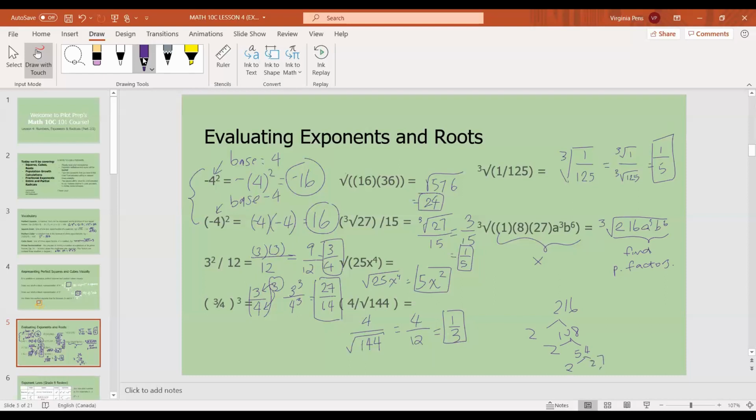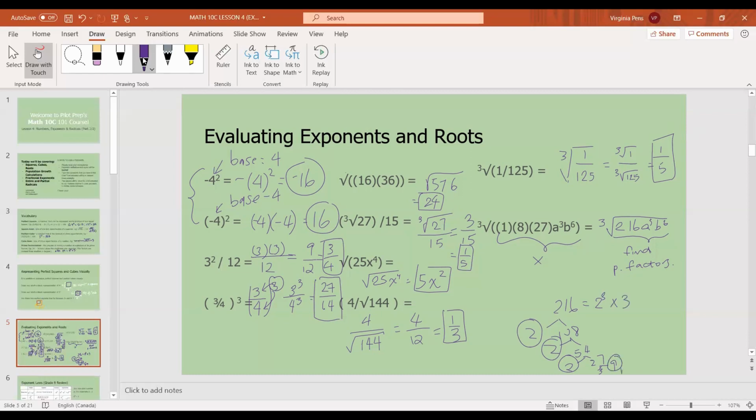And 27 can be broken into 3 and 9. So 216 is equal to 2 to the power of 3 times 3.